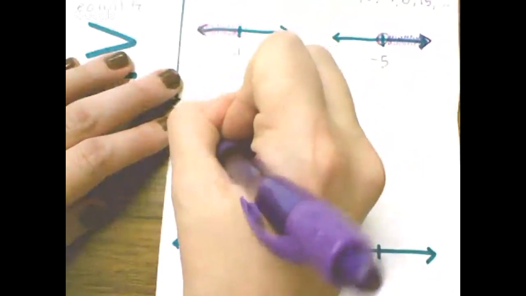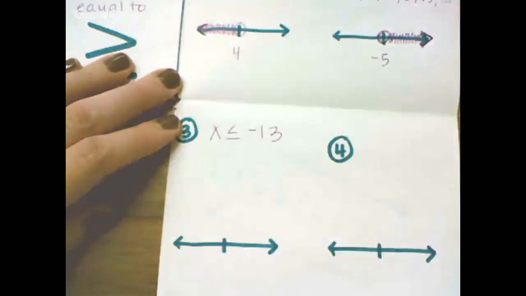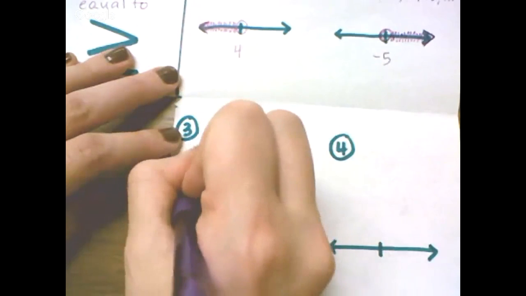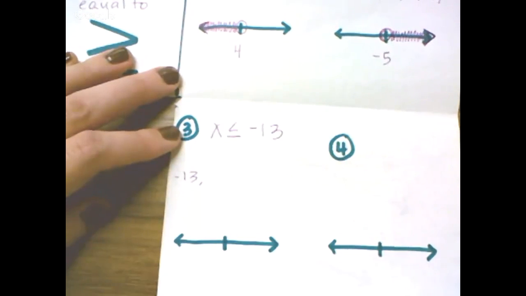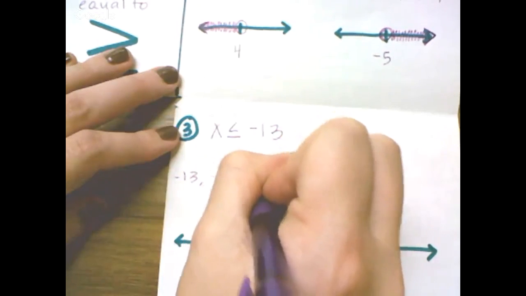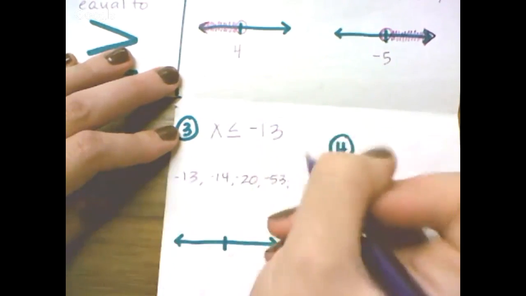Now, let's say I'm given the example, x is less than or equal to -13. Well, what are some things that are less than -13? First of all, it can be equal to, so -13 counts. I'm talking about less than, so I've got to keep going: -14, -20, -53.